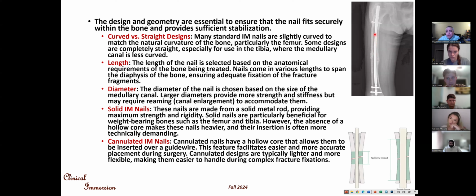The medullary canal is smallest in diameter in the middle part, in this area in the femur, and also in the middle part in the tibia. So when we insert a nail, this nail must fill the medullary cavity, like here.